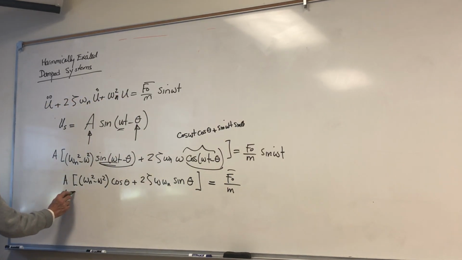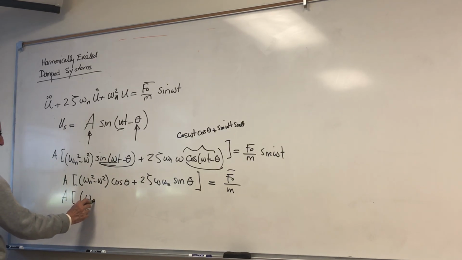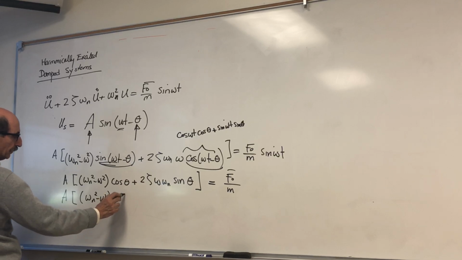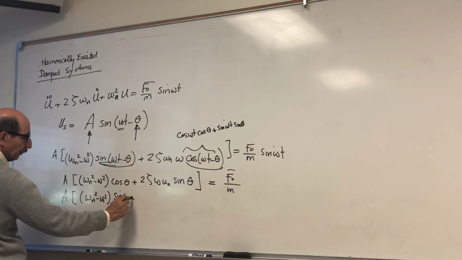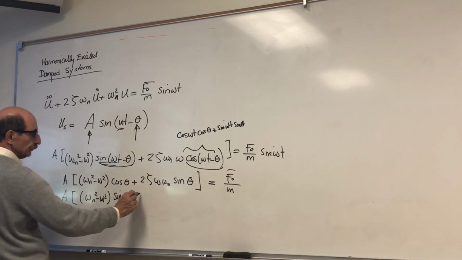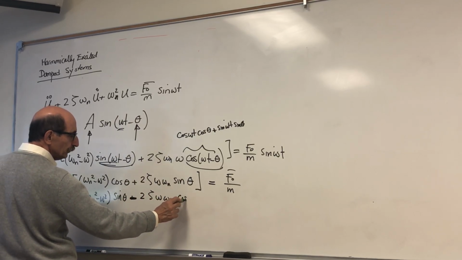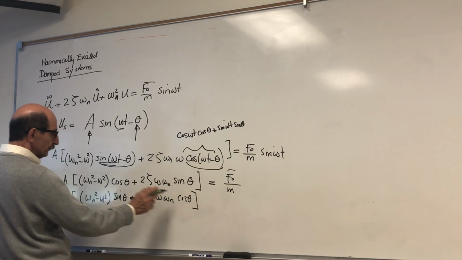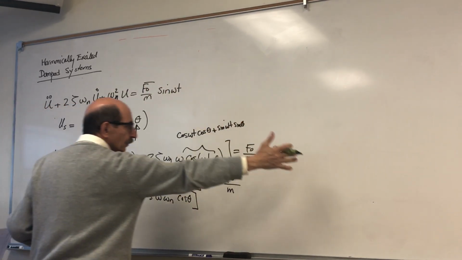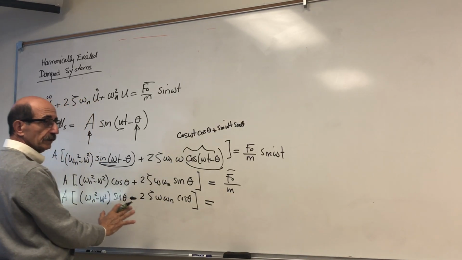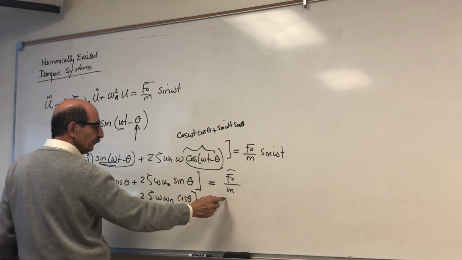Cosine omega t will have this coefficient: (omega n squared minus omega squared) sine theta minus 2 zeta omega n omega cosine theta. Since there is no cosine omega t on the other side, this would be 0.